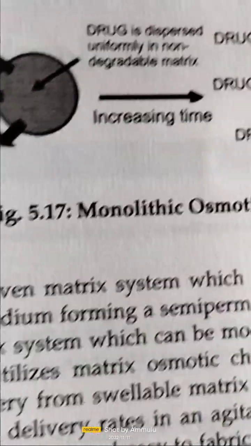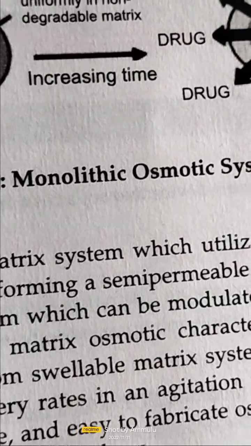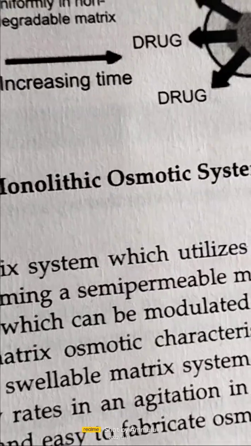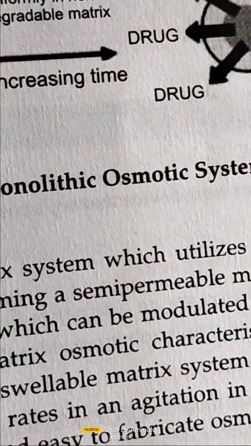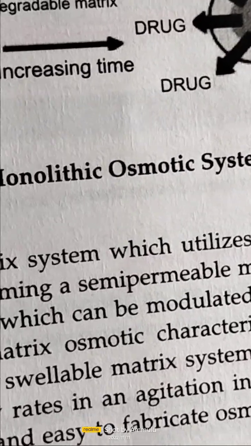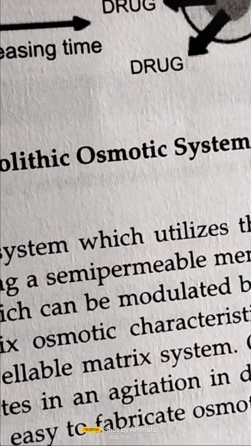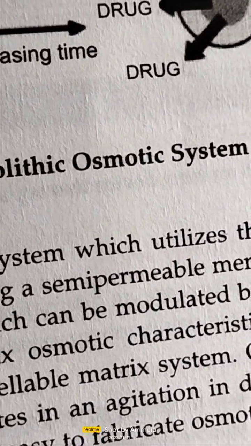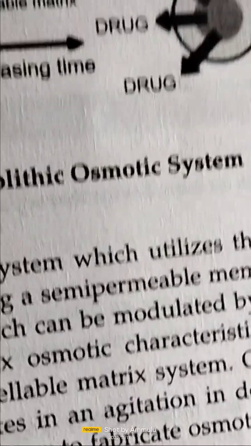And monolithic osmotic system. It consists of a simple dispersion of a water soluble agent in a polymer matrix. When the system comes in contact with the aqueous environment, water is attracted by the active agents, and rupturing can take place.